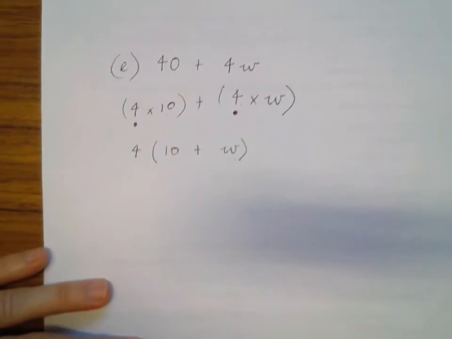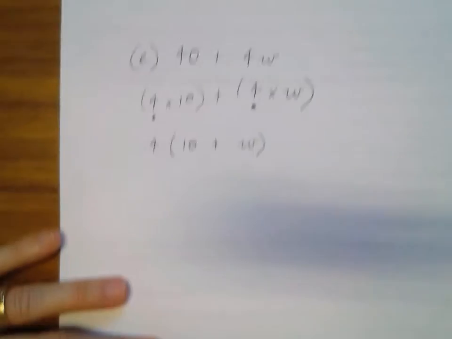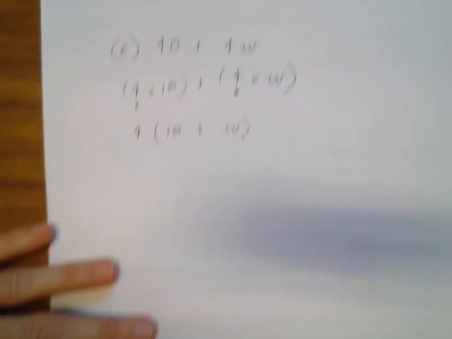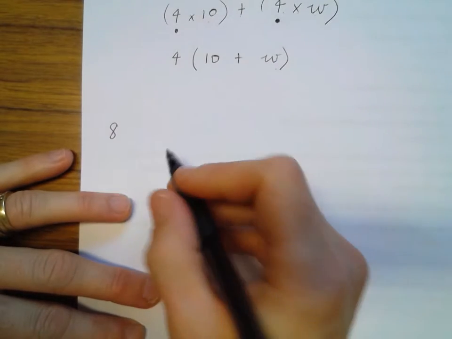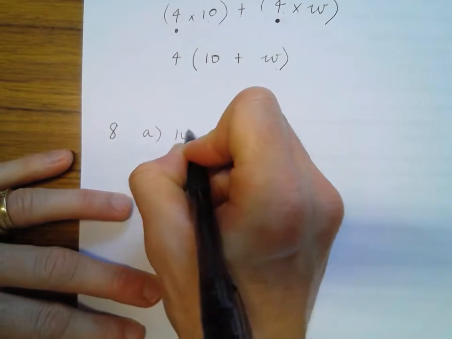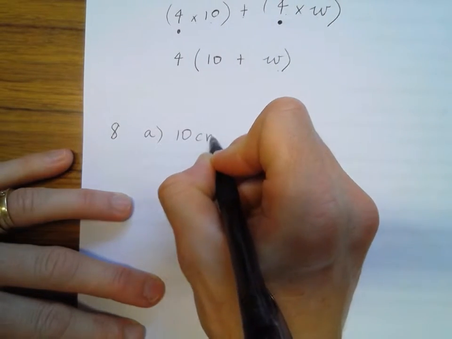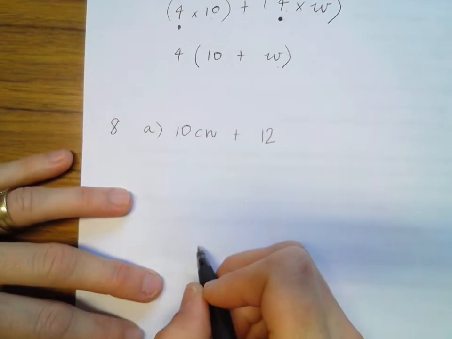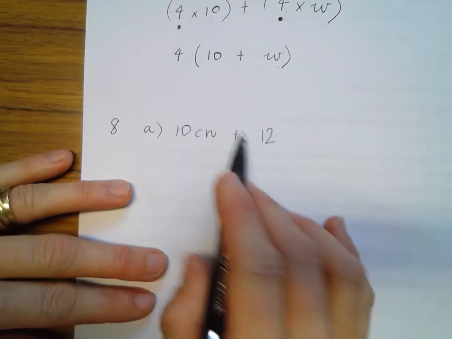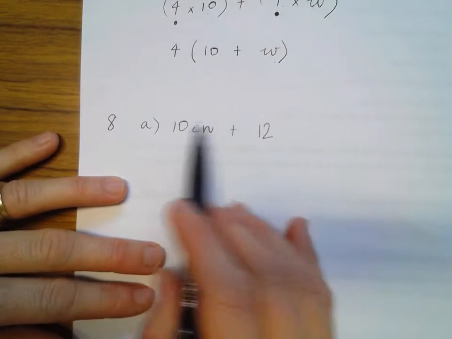Questions 7 all look pretty similar in terms of they're no harder than those first two. So let's look at a couple out of question 8. Okay, question 8. A is 10cn plus 12. Okay, so you can see that there's a lot more going on here. The numbers are a bit higher.